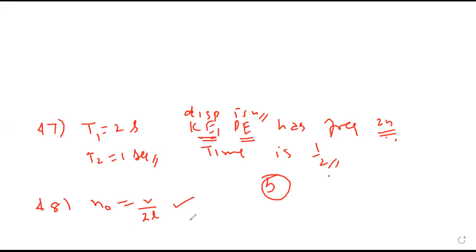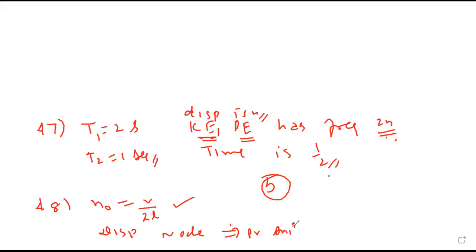In a closed pipe, the closed end is a displacement node. Displacement node means pressure antinode.